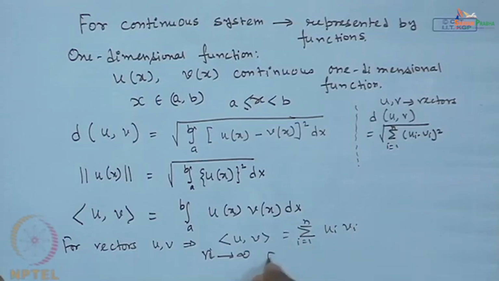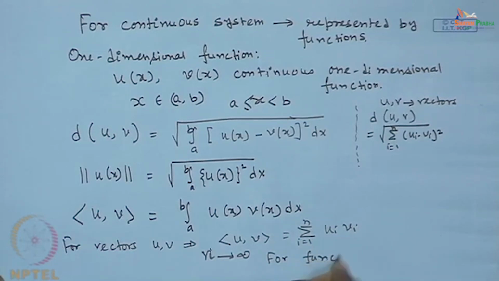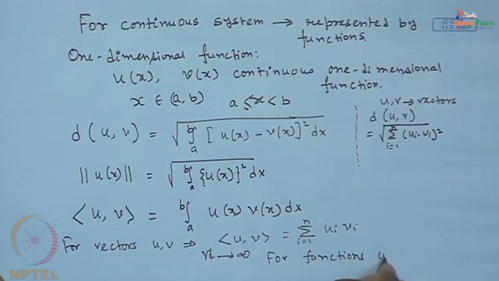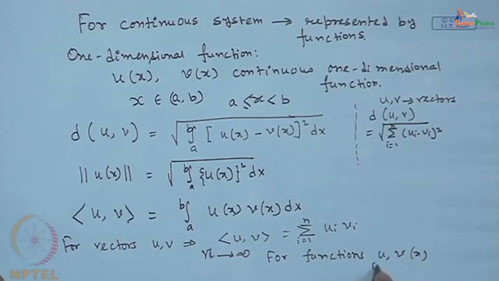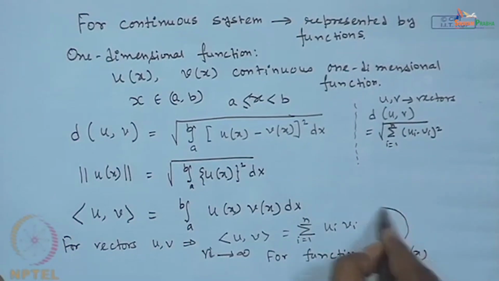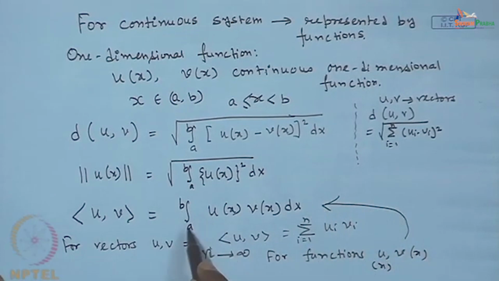So, therefore, for functions u and v which are continuous functions in x, you will be getting the inner product by this expression: integral a to b u x v x dx.